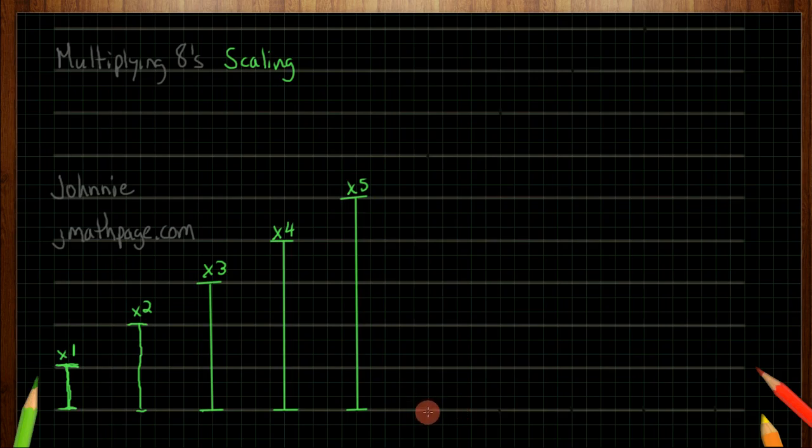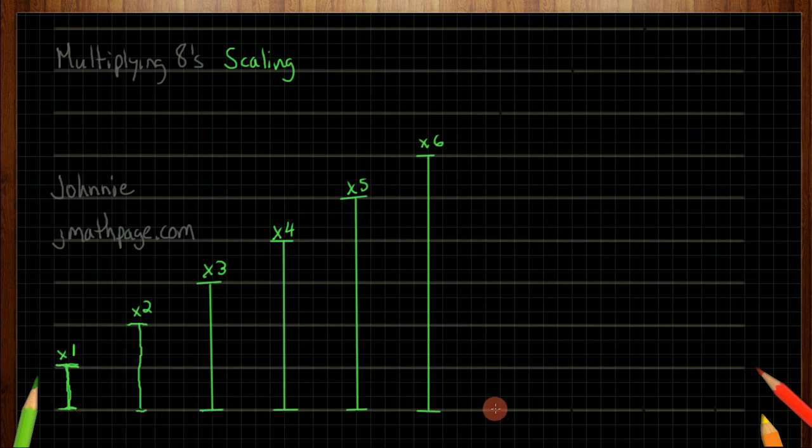Another one. Let's make this one 6 measures tall. 1 measure, 2 measures, 3 measures, 4 measures, 5 measures, 6 measures tall. So this one is 6 times as much. 1, 2, 3, 4, 5, 6 times this first measure.